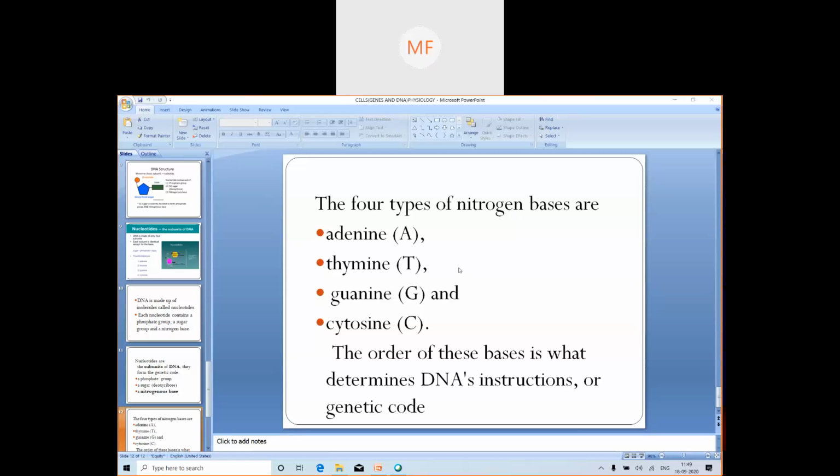Adenine, thymine, guanine, cytosine. Understand? The 4 types of nitrogenous base. Yes, ma'am. Adenine capital letter A, thymine capital letter T, guanine capital letter G, and cytosine capital letter C.